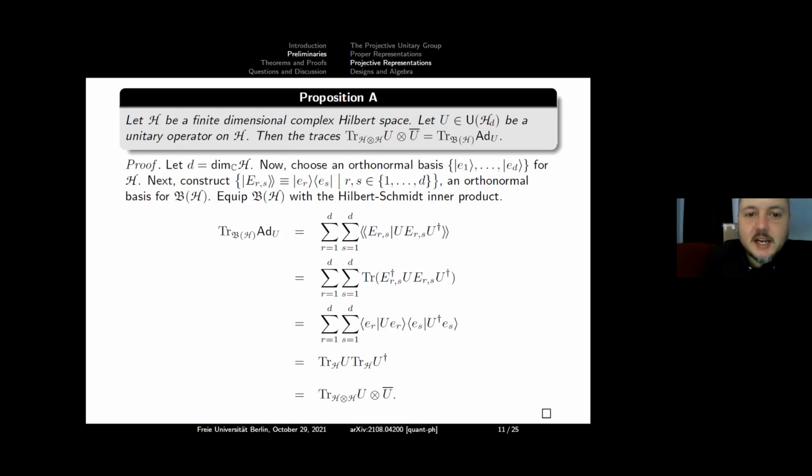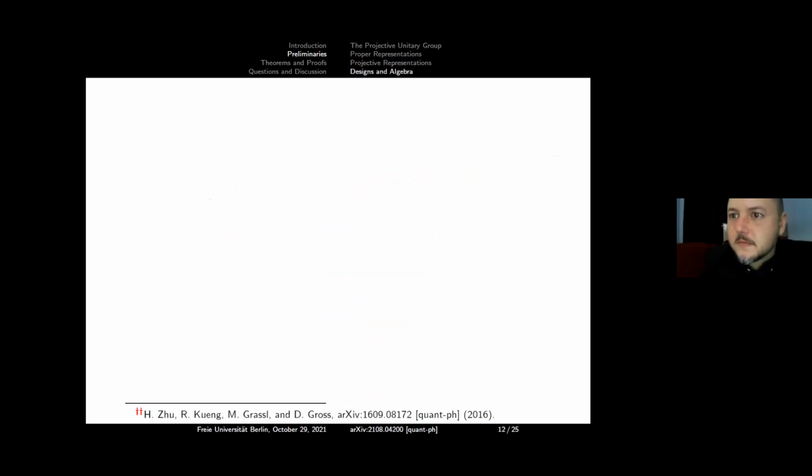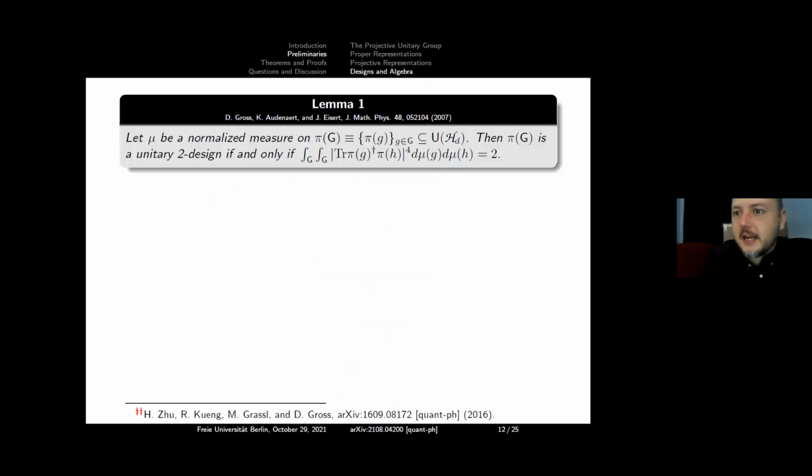I would actually like to come back now to one of the papers that I mentioned earlier from Gross, Audenaert, and Eisert. So there's a way to connect this stuff to algebra. And I should say that in this paper, the result is stated within the context of finite sets.